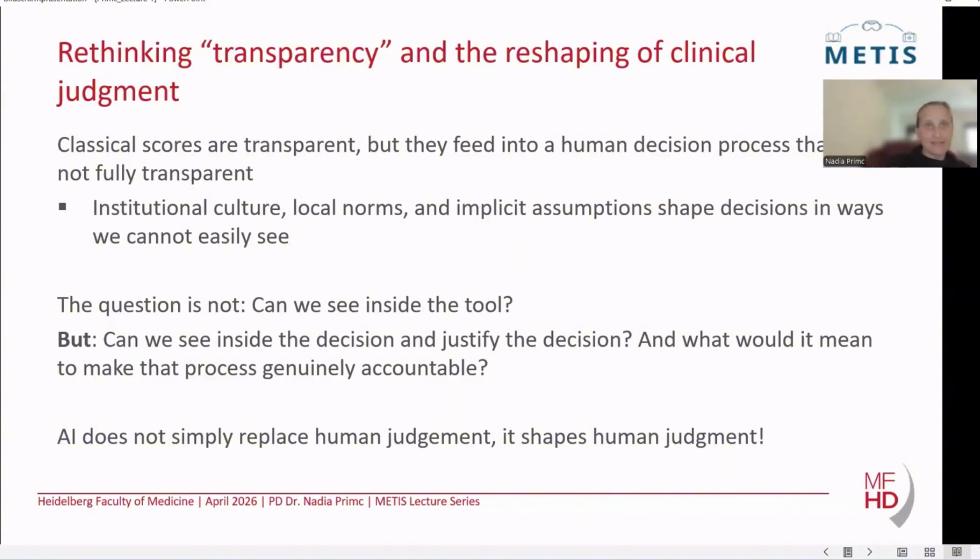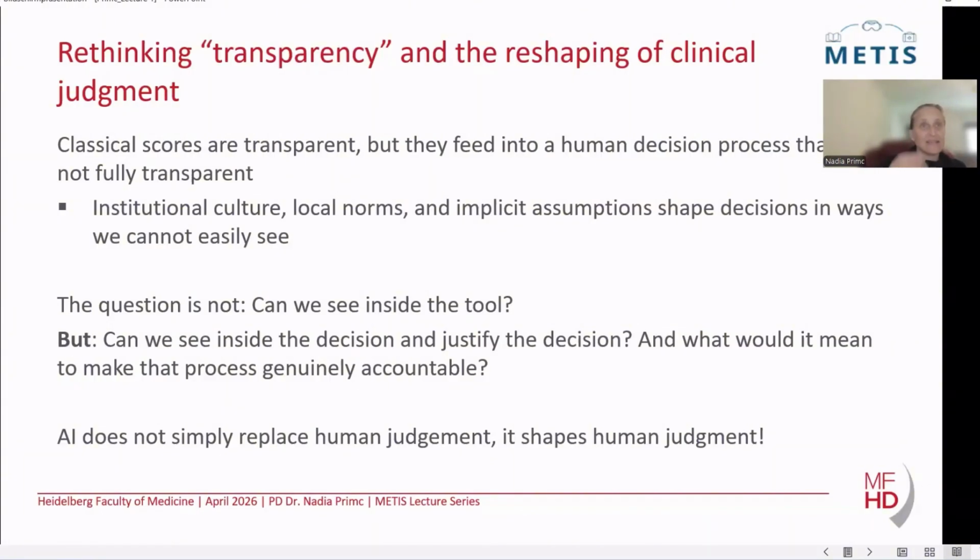Because what AI does is not simply replace human judgment, but it shapes human judgment. It changes what clinicians see, what they pay attention to, what they communicate to the families and to the patients, and also ultimately it influences how they reach their decision.